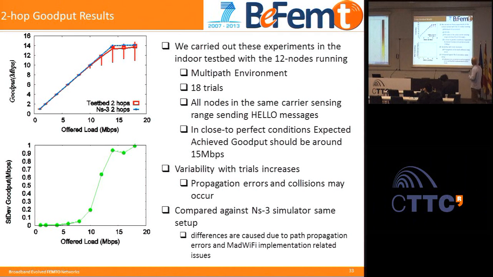When we configure 2 hops, we start to get a significant difference between the testbed, which has quite a significant variance, and the simulator, which is quite more ideal than the real thing.